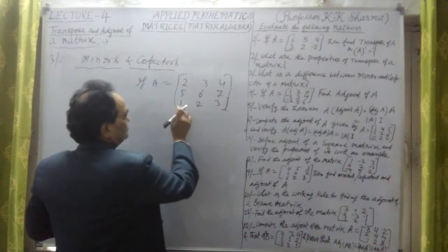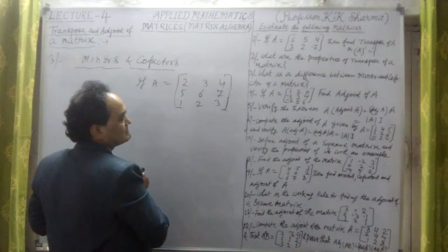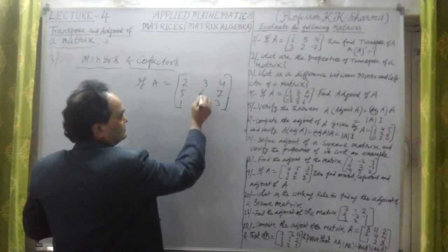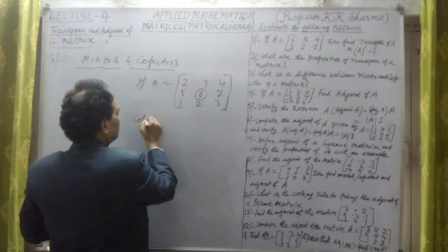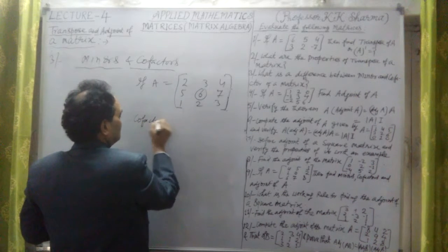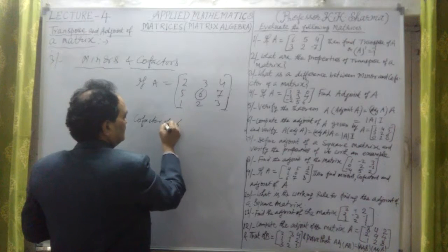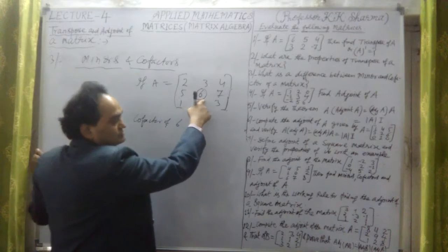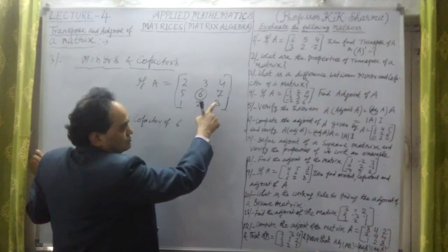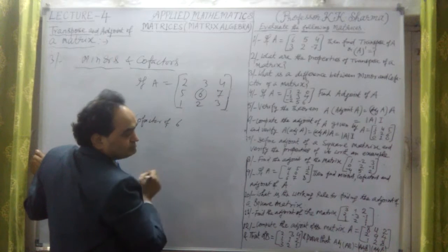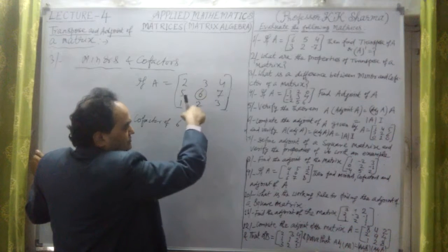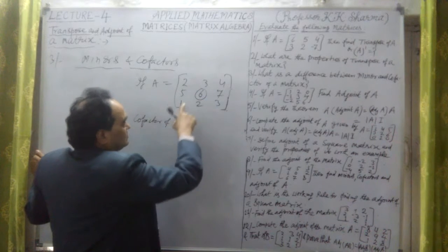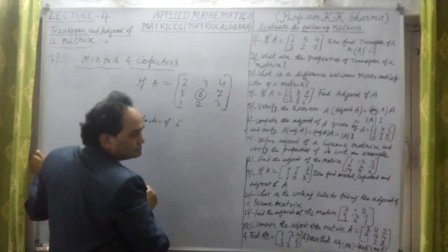We have to find out what the cofactor of 6 is. 6 is lying in the second row and second column. This is the second column here, in which 6 is lying, and this is the second row also.